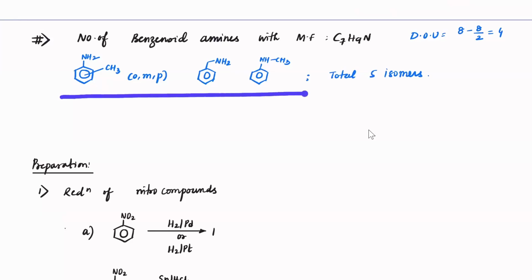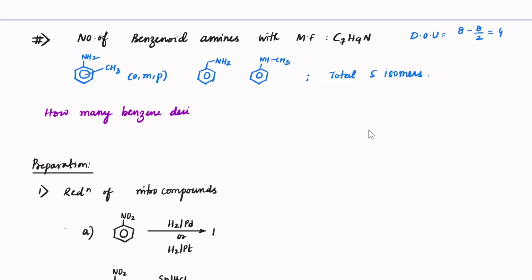Now suppose the question asks, out of these, how many benzene derivatives are present? Here we need to consider benzene with NH2, because this is an aniline, which is a benzene derivative. Now, if this is CH2NH2, this is an alkyl derivative.